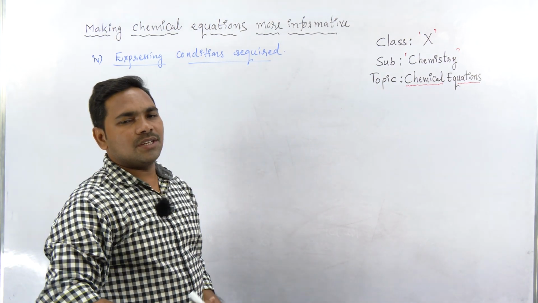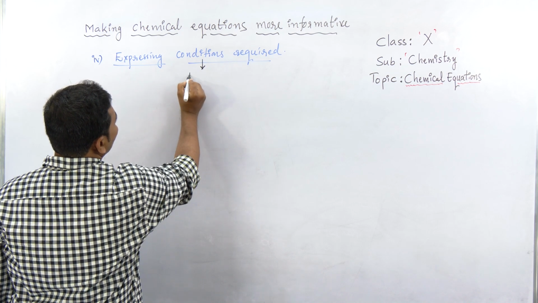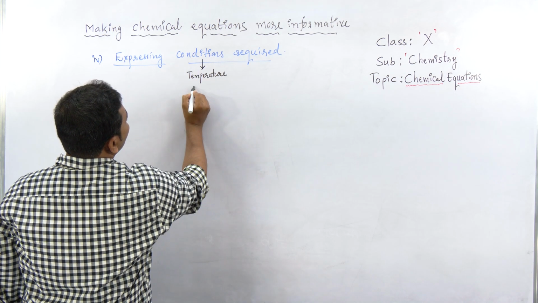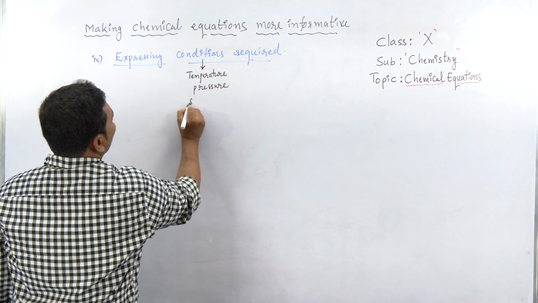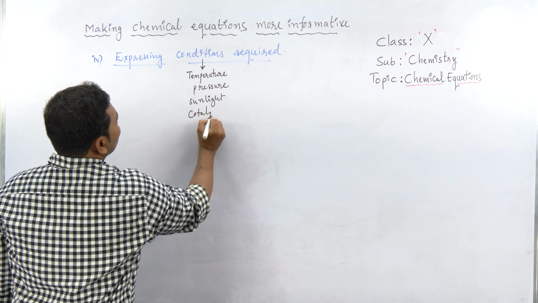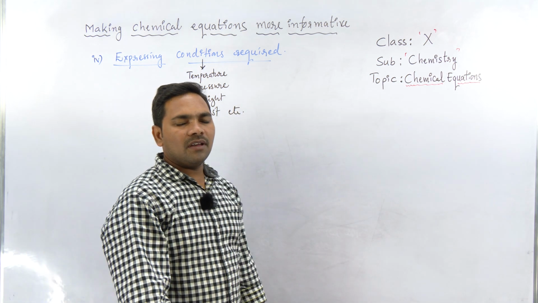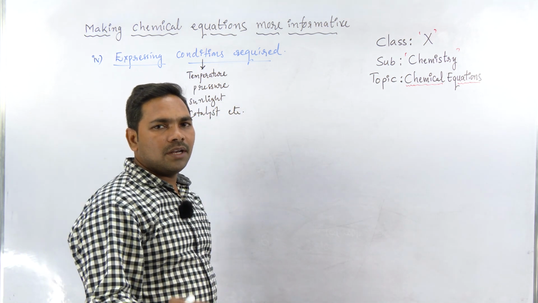So what are the conditions required? Generally, the conditions can be temperature, pressure, need of sunlight, or using a catalyst, etc. These are the conditions required for the chemical equation.